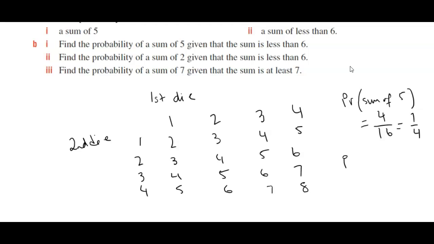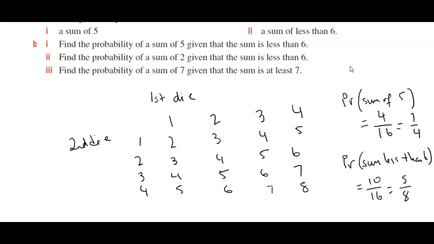Now the second part, probability a sum less than 6. So less than 6, we're not including 6. So sometimes it's easier to take away what you don't want. So we've got 1, 2, 3, 4, 5, 6. So that leaves us with 10 over 16. And that is 5 over 8.